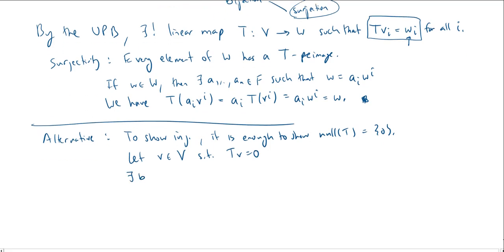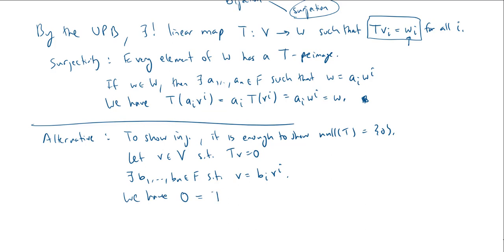So there exist, let's call them something a little different this time, b1 through bn in F, such that v is equal to b^i v_i, again using Einstein notation. Now what do we have? We know that 0 is equal to Tv, but v we can replace by b^i v_i. And now we can pull the b's out of the linear map. And we know exactly what T does, again, T v_i equals w_i. So this is b^i w_i.